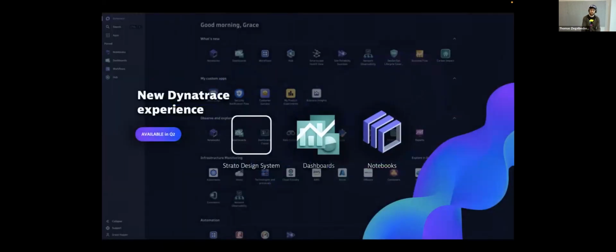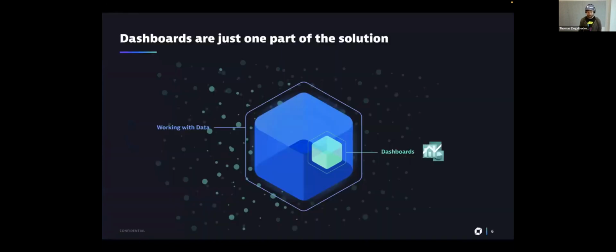And not just that, at Perform, we also went one step further and we actually released a whole new Dynatrace experience, all built on Strato, our new design system. And we also announced some out-of-the-box apps, in particular for explorative analytics, dashboards, and notebooks. And here it's worthwhile to note what Andreas Lehofer, our VP of Platform, said at Perform.